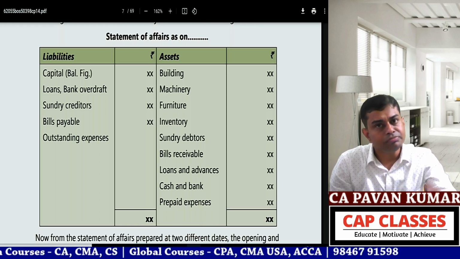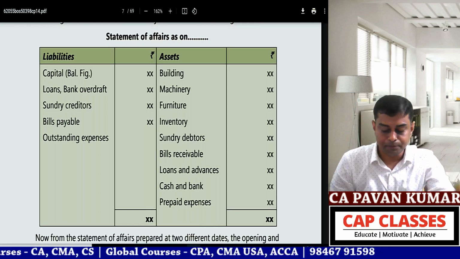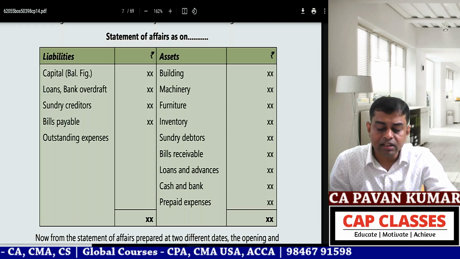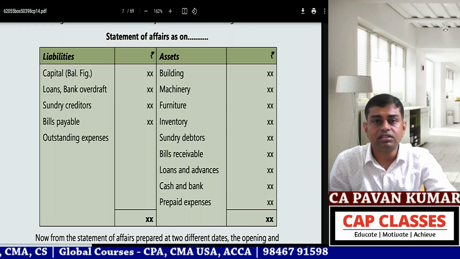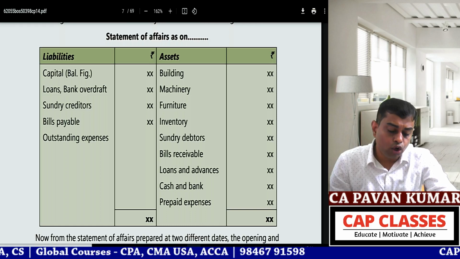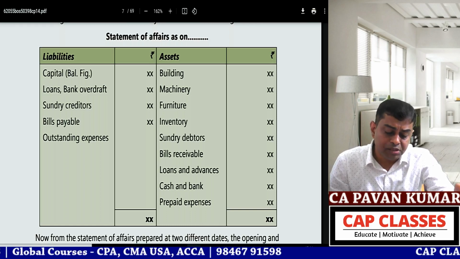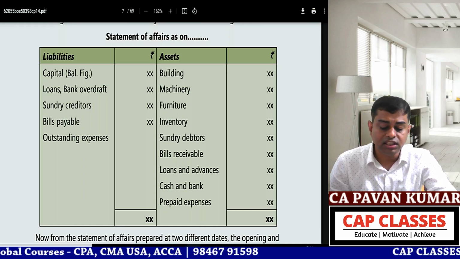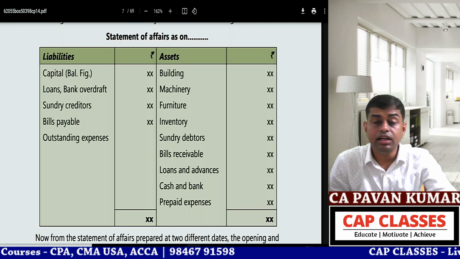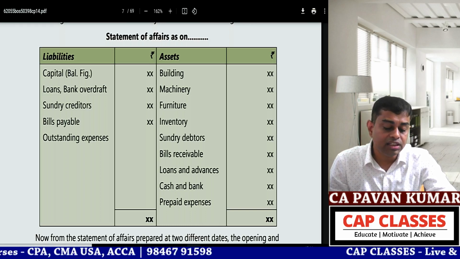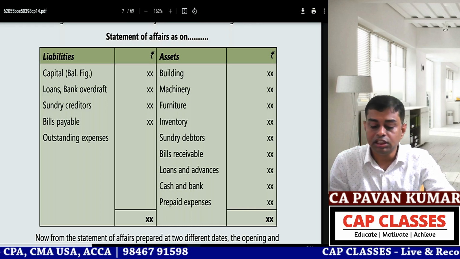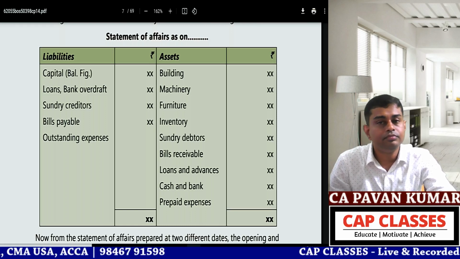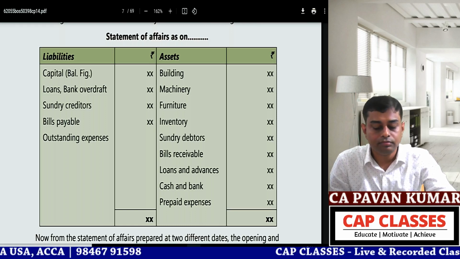Loans and advances means given only. Loans means taken. Cash and bank, then prepaid expenses. All these are the assets. Then the other side, loans, bank overdraft, sundry creditors, bills payable, outstanding expenses, all these things you will write. Finally, one figure will come, that is capital. That's all. You understand?